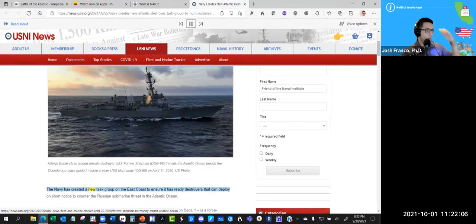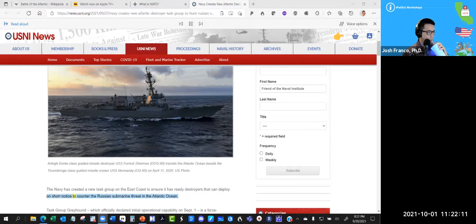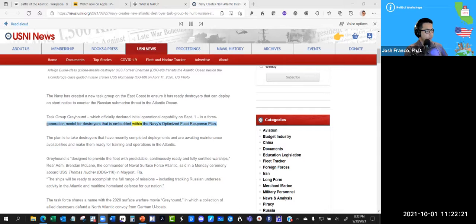The Navy has created a new task group on the East Coast to ensure it has ready destroyers that can deploy on short notice to counter the Russian submarine threat in the Atlantic Ocean. Task Group Greyhound, which officially declared initial operational capability on September 1, is a fourth-generation model for destroyers that is embedded within the Navy's optimized fleet response plan. The plan is to take destroyers that have recently completed deployments and are awaiting maintenance availabilities and make them ready for training and operations in the Atlantic.